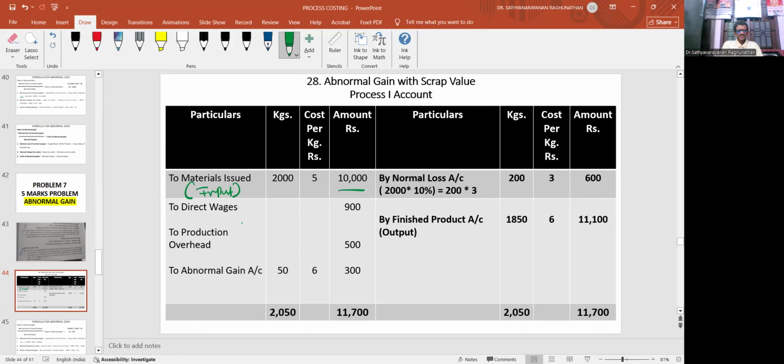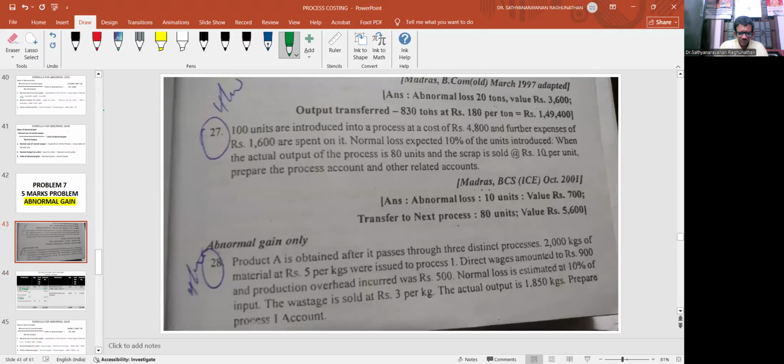Next, on the debit side of the process one account, to direct wages 900, to production overhead 500. This I will come to later, so keep the gap. Then on the credit side of the process one account, what is the first information?